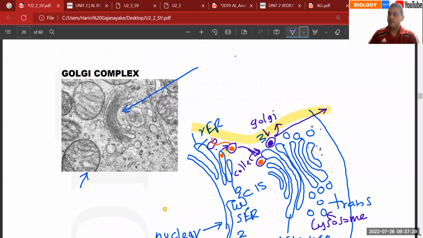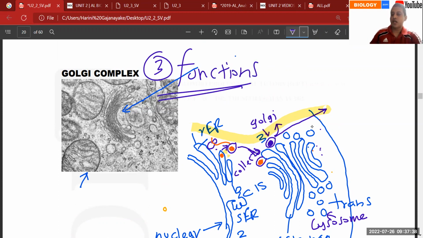In the exam, a very important thing is the functions. So at least if you write down the 3 functions, when you study, you can cover this. Maintaining your notes is also a very important thing for success. When you make your notes, you can cover all the contents, and you have the headings, Golgi Complex, 3 functions.